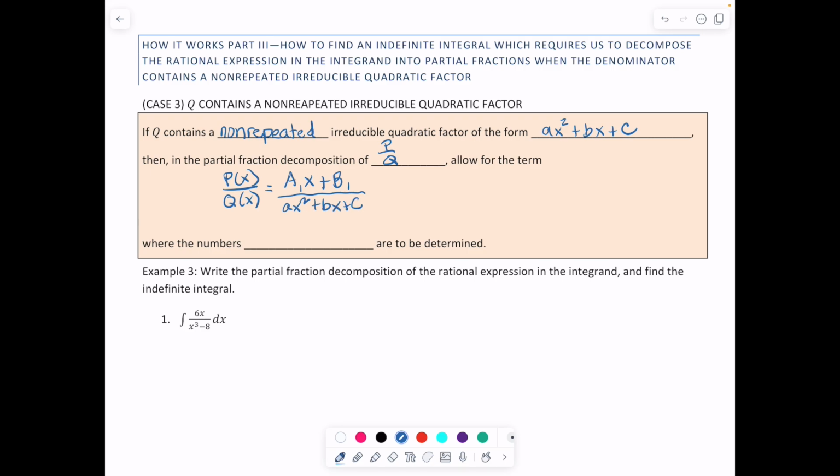That's unable to be factored, remember, where the numbers a1 and b1 are to be determined.